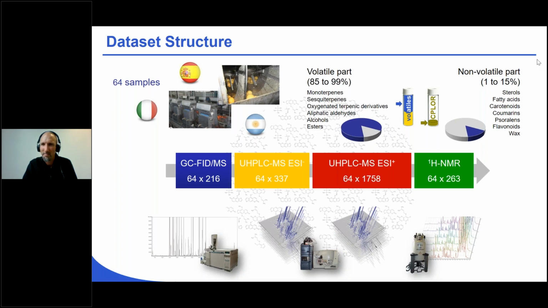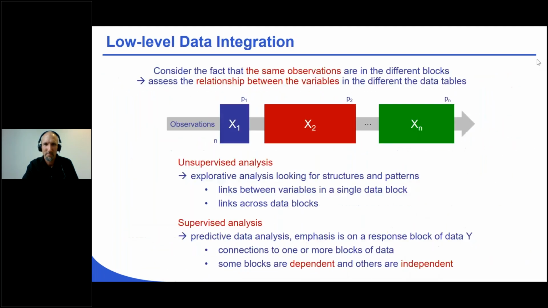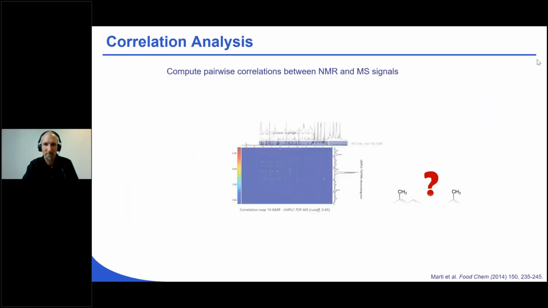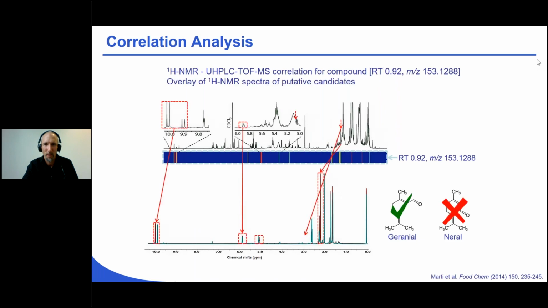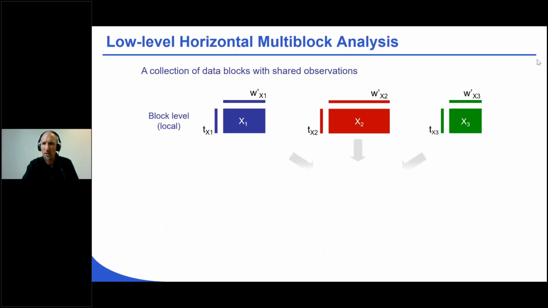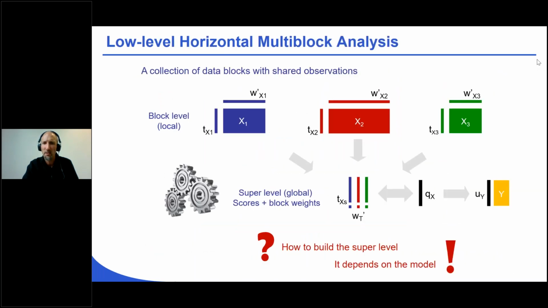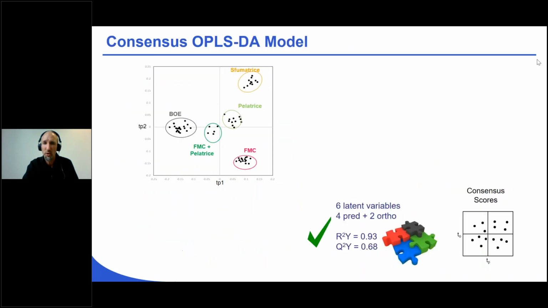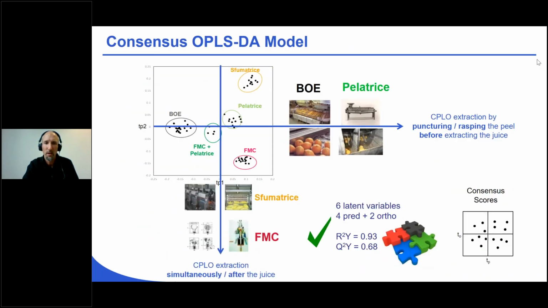When you show the OPLS-DA for the multi-block analysis in the slide, you didn't put any numeric value for TP1 and TP2. You mean in terms of explained variance or things like that? You can get this information, sure. Yeah, you can know which percentage was used to build the components.